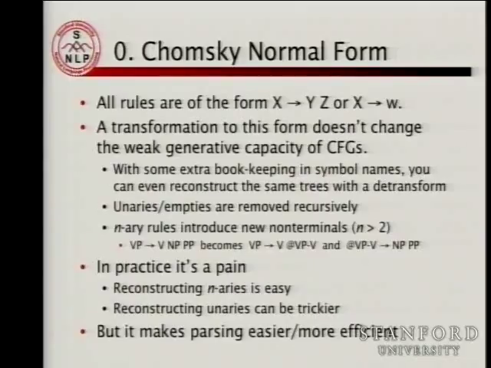You can do this transformation for an arbitrary CFG with a couple of tiny edge cases. There's an edge case that if the original grammar admitted the empty string, your Chomsky normal form transformed one would lose the empty string from its language. But apart from a couple of teeny edge cases, you can do this transformation.